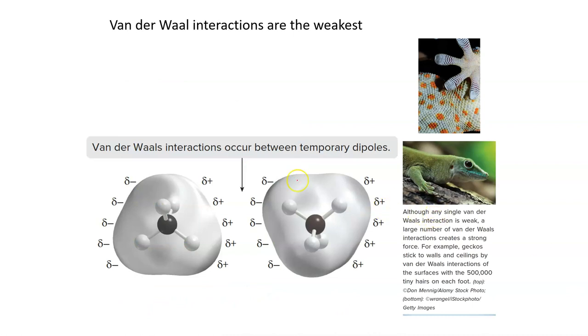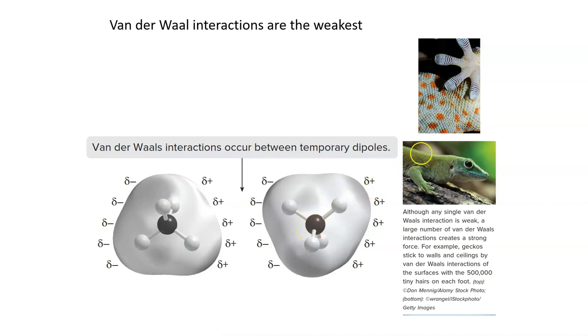Van der Waals are, again, temporary induced dipoles, and there's just small fluctuations of electrons as they move around, and adjacent atoms or molecules will also do that same thing, and they'll be able to put these orbitals together a little closer and create these interactions.